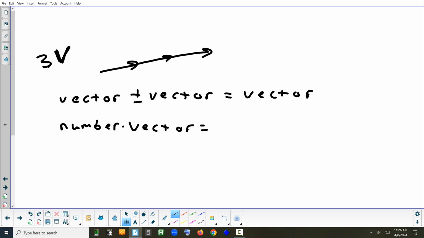When you multiply a number times a vector, do you get a volume? Do you get an area? Oh, you get a vector. You get a vector, yeah. You're going to get another new vector. So scalar multiplication leads to a new vector.